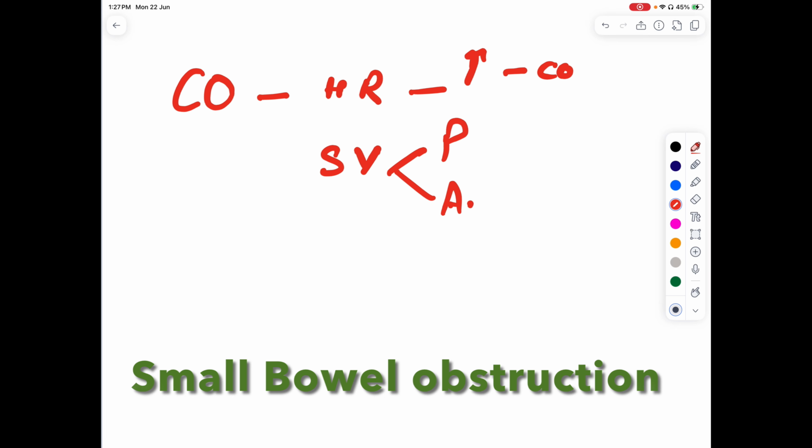Increased preload generally increases stroke volume. Increased afterload will decrease it. End diastolic volume minus end systolic volume is the stroke volume, generally 70 ml.